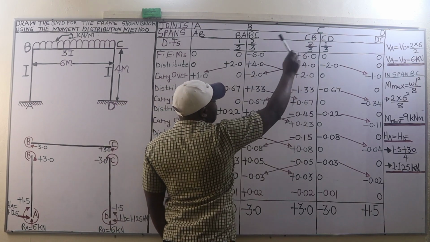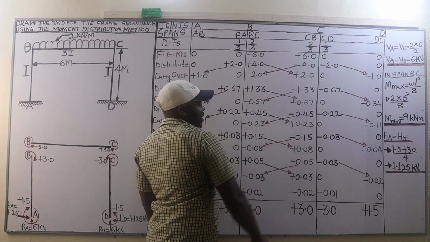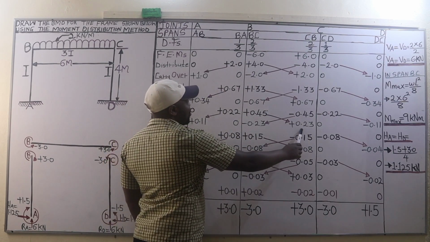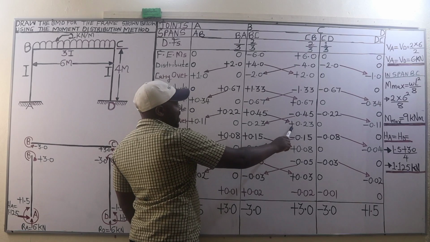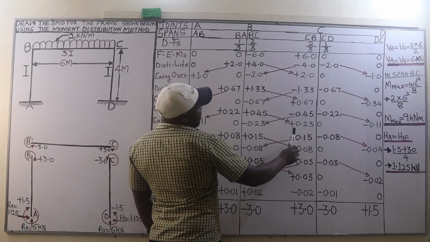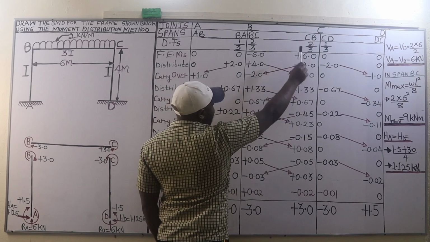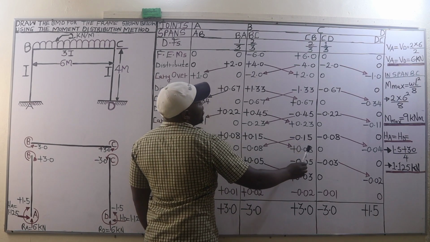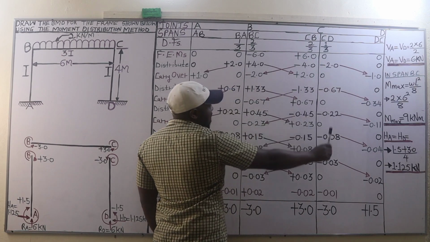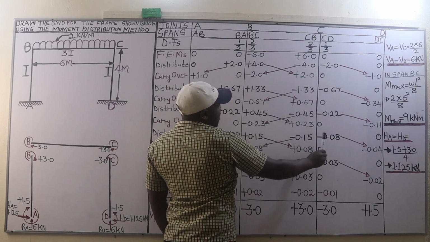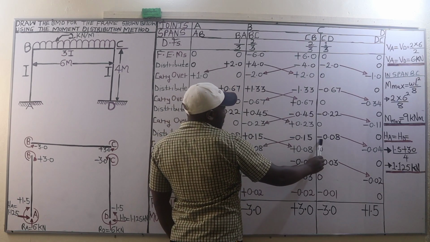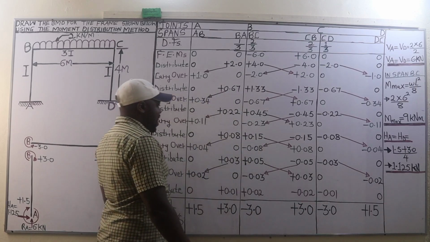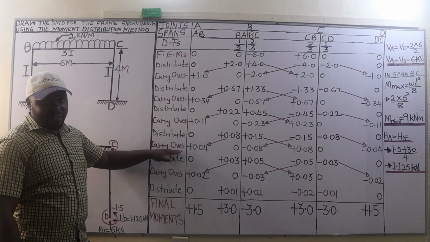Coming to joint C, we got an excess moment of -0.23. Change the positive sign to negative. Distribute. On member CB, we are going to have 2/3 of -0.23, that is -0.15. On member CD, we got a third of -0.23, which is -0.08. Then after distributing, carry over.